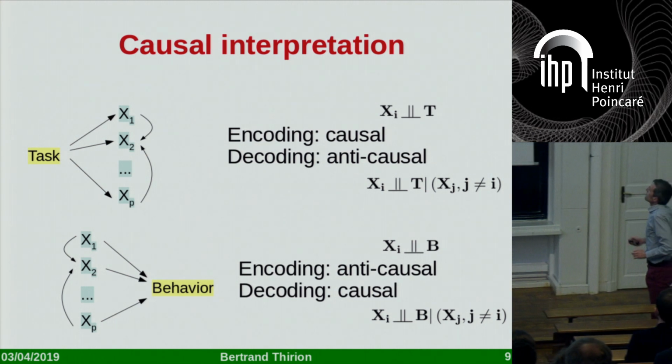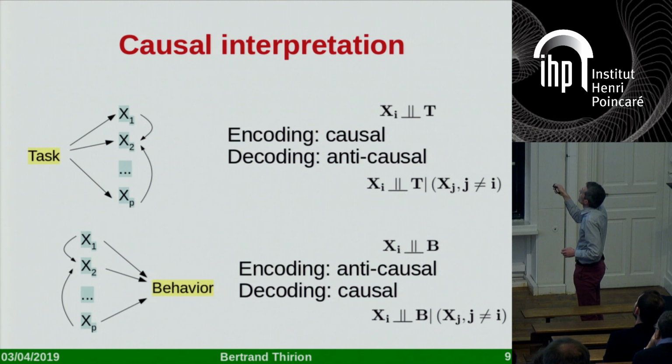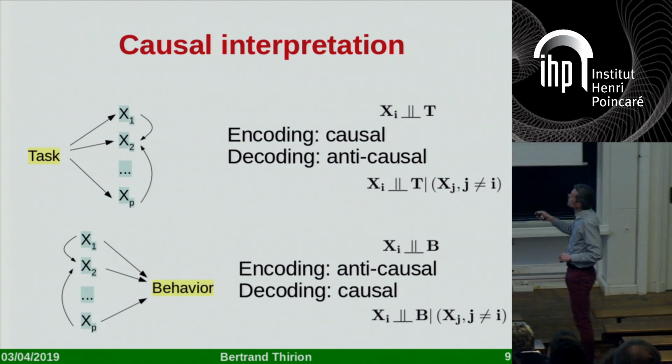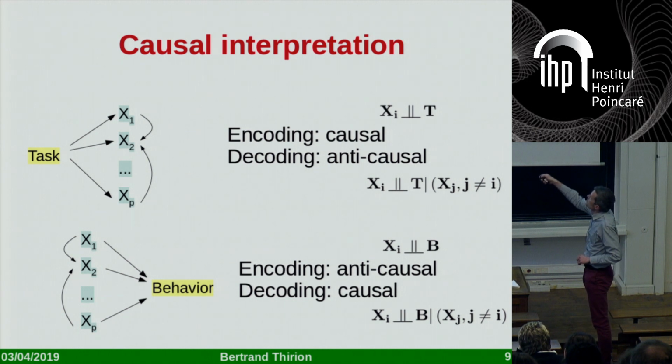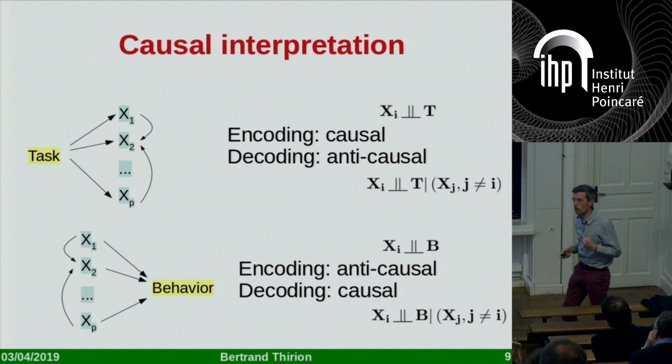The statistical analysis for the encoding model consists in testing, for each variable xi, whether it's associated or not with the task. So you try to test marginal independence relationships between each brain variable xi and the task. When you do decoding, you want to see if the voxel xi predicts the task, but given the activity in all the other voxels.